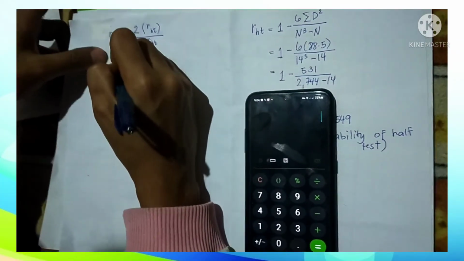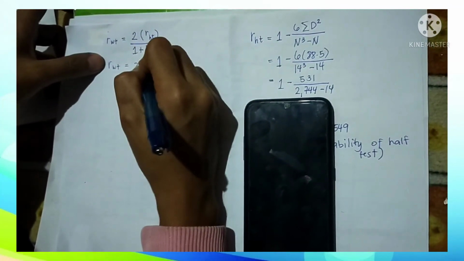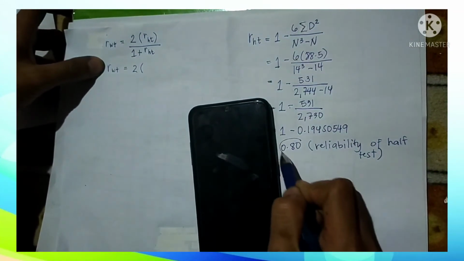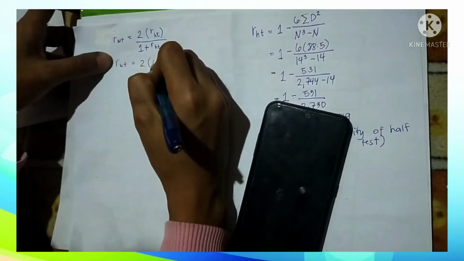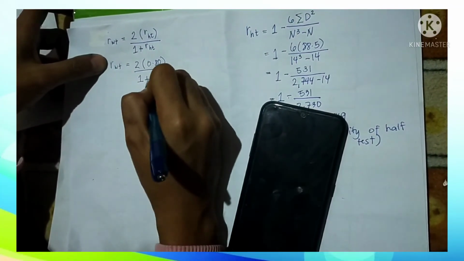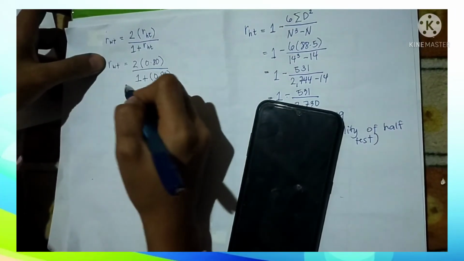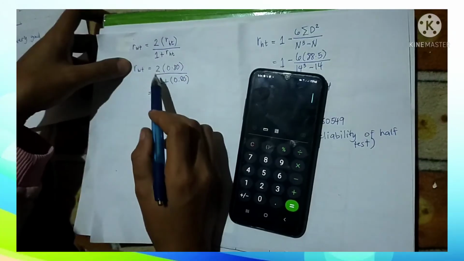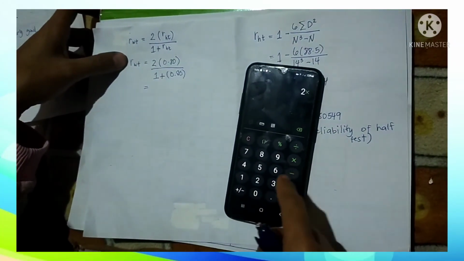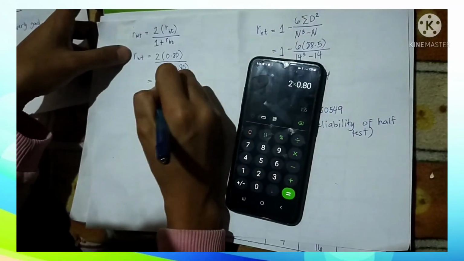So 2 times the reliability of half test, 0.80. 2 times 0.80 equals 1.6.